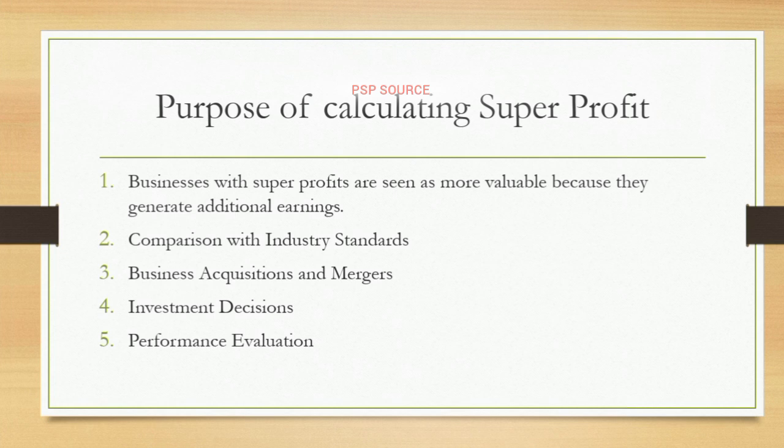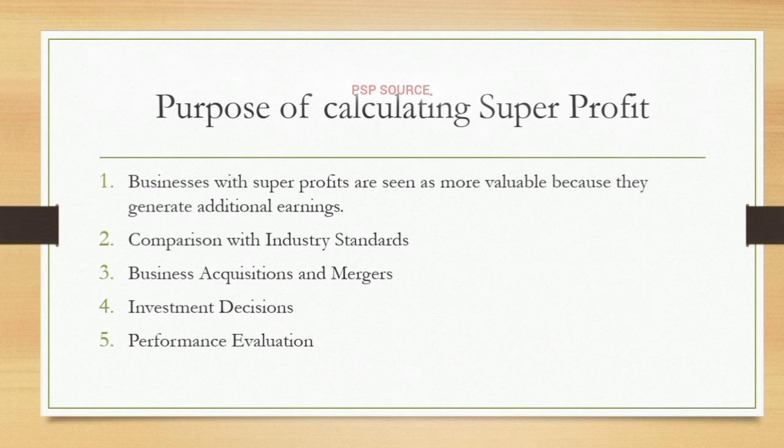Next, the purpose of calculating super profit. The first purpose is that businesses with super profit are seen as more valuable because they generate additional earnings. Earning super profit automatically leads to creating goodwill, reputation and loyalty among customers.